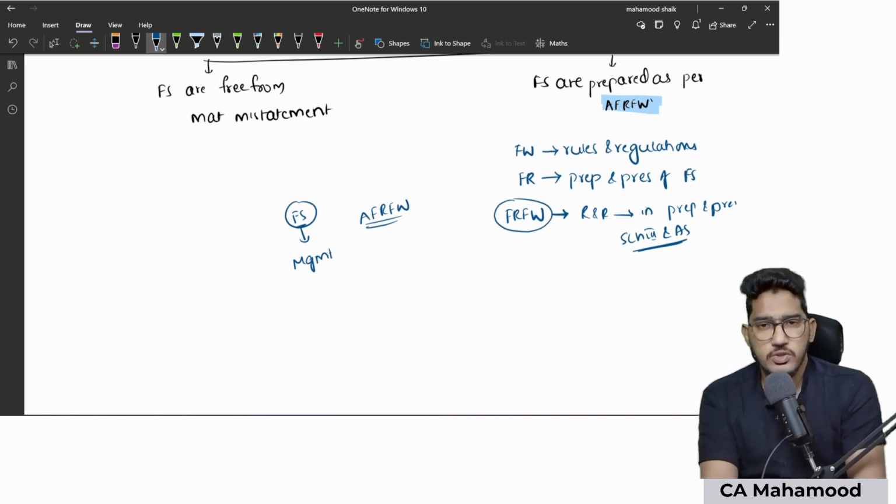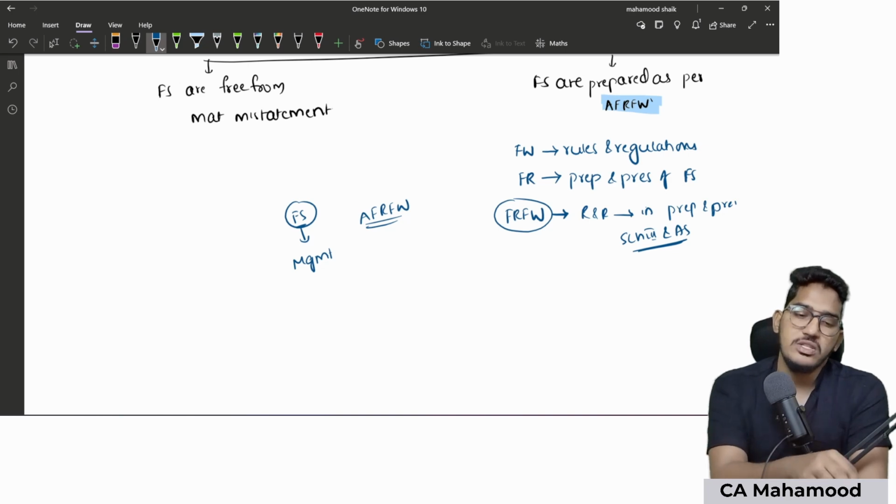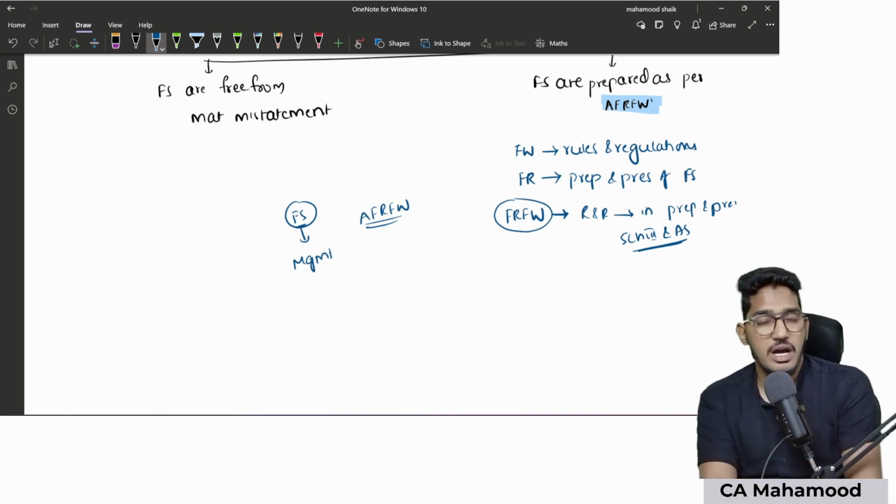Then what is the auditor's responsibility? The auditor will verify whether management prepared the financial statements in a proper manner or not. So preparation is always the responsibility of management, whereas the auditor's responsibility is just to verify whether the financial statements are prepared properly.